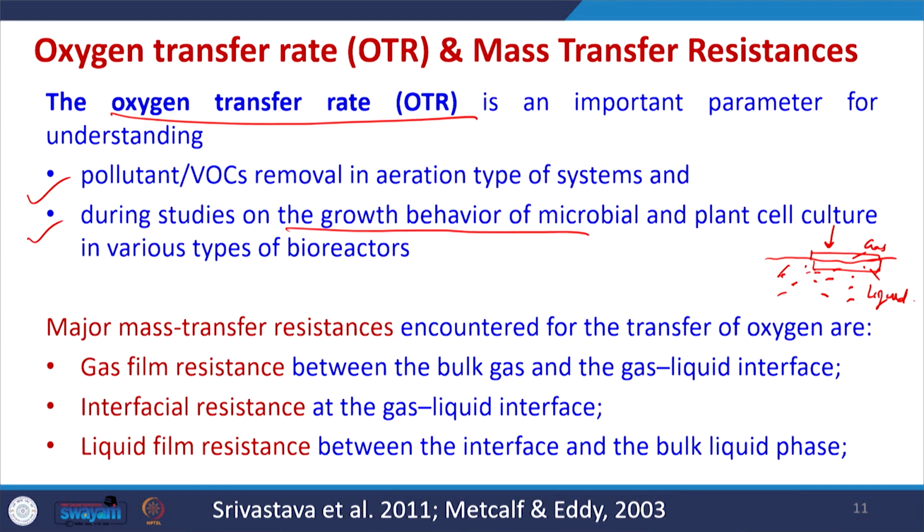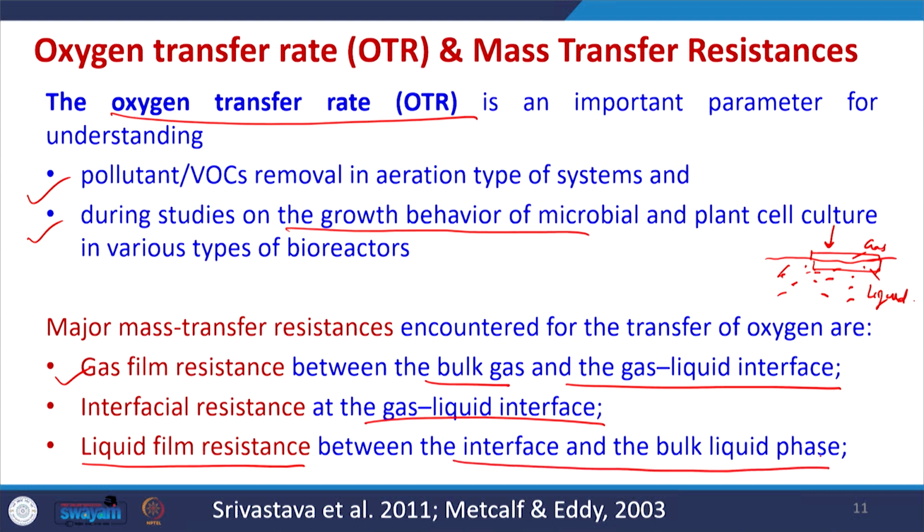So, the major resistance is gas film resistance between the bulk gas and the gas liquid interface. Then we have interfacial resistance at the gas liquid interface, and then the liquid film resistance between the inner interface and bulk liquid phase. These are the major resistances.